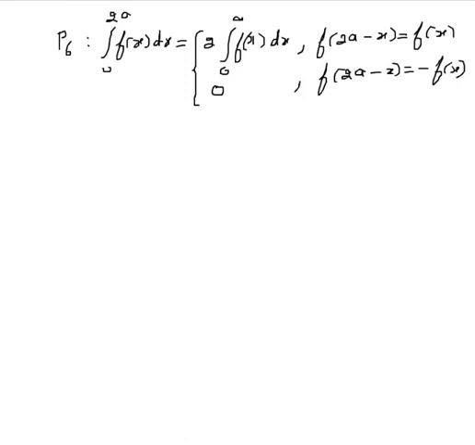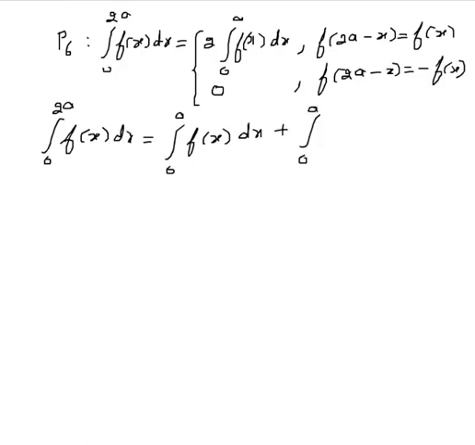By using P5 property, we can write integral 0 to 2a f of x dx as, I am using the previous property, it becomes integral 0 to a f of x dx plus integral 0 to a f of 2a minus x dx.